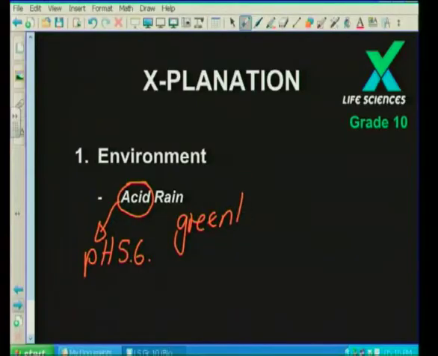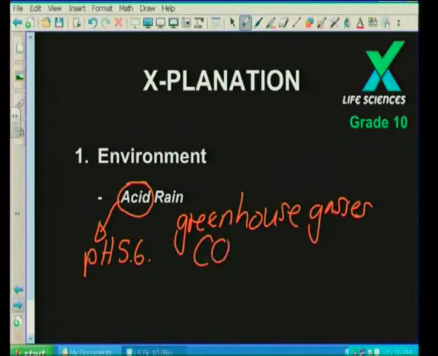Now, what happens here is that when we have greenhouse gases, I mentioned a few greenhouse gases before. The most important one is CO2. We have methane gas, sulfur oxide, all those gases.